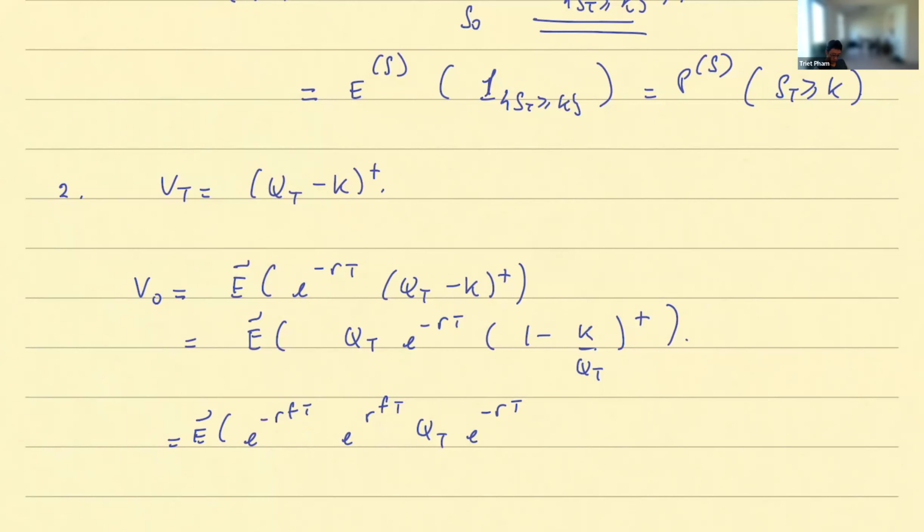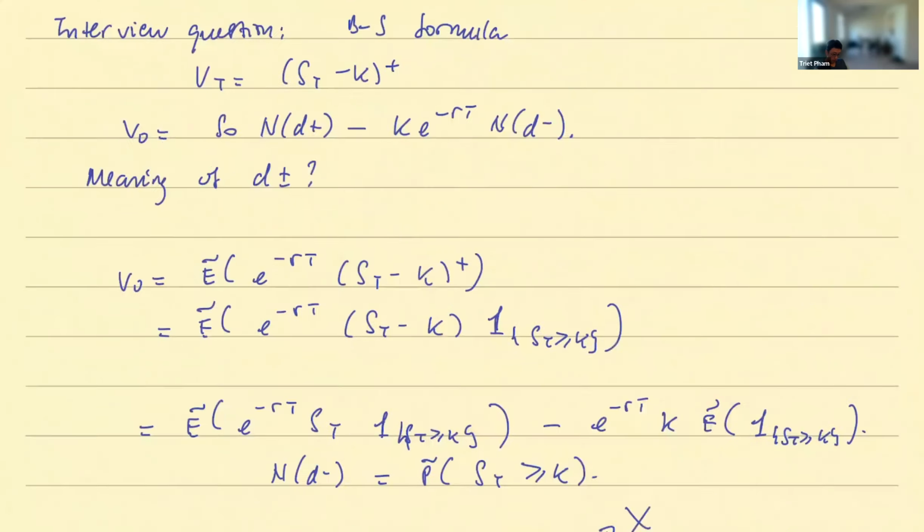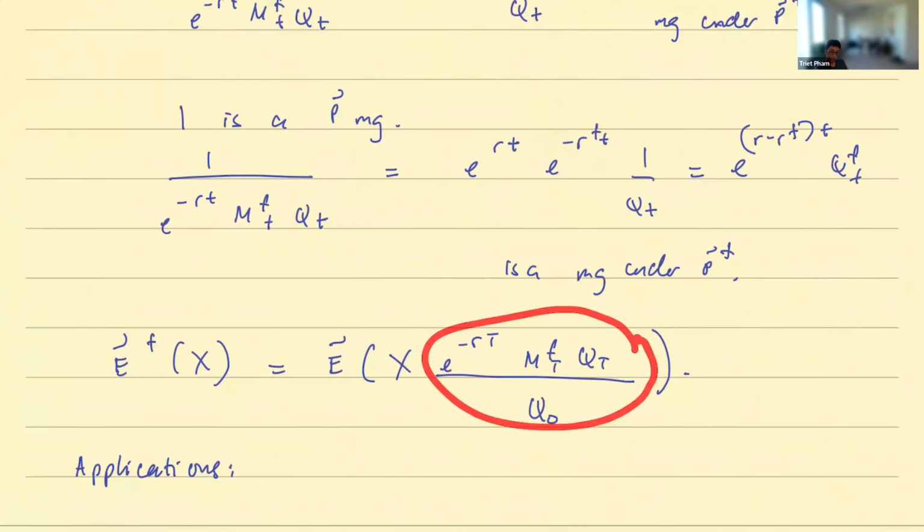And sorry, let me do Q0, and then I multiply by Q0. So you have to watch out for everything here; that's the annoying factor. But what is this? This is exactly the change of numeraire kernel, like I said right here.